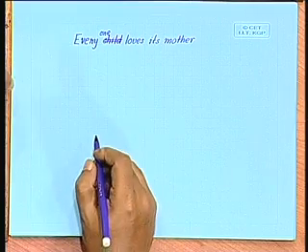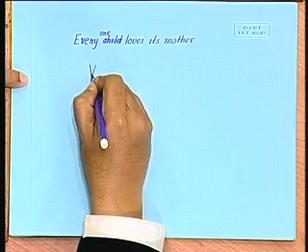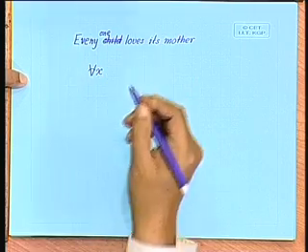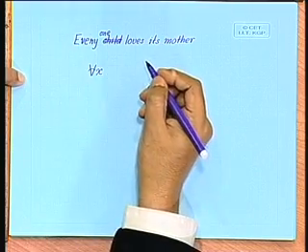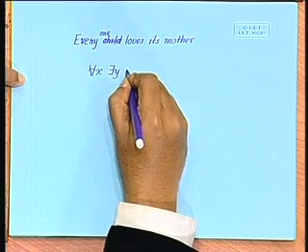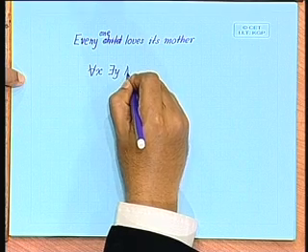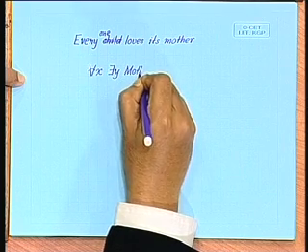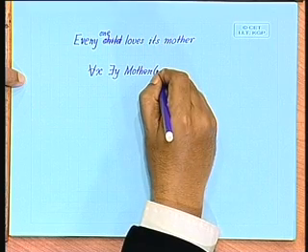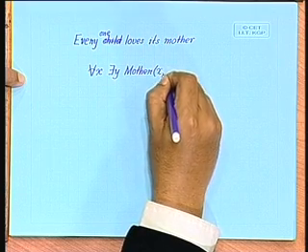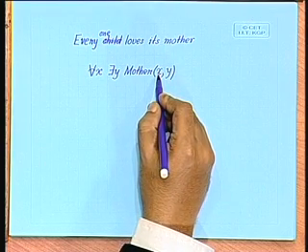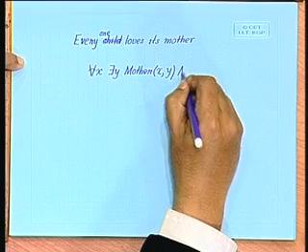There are two ways in which we can write this. One is we can say that for all x, there exists a y, such that mother, which means that y is a mother of x.